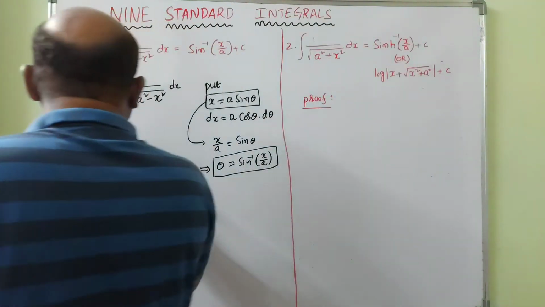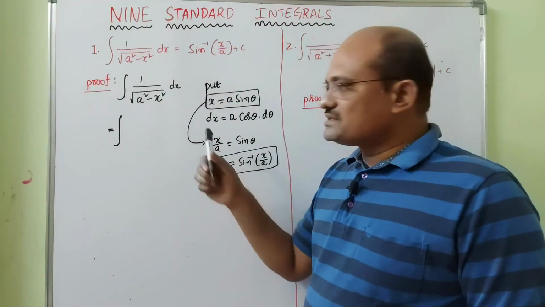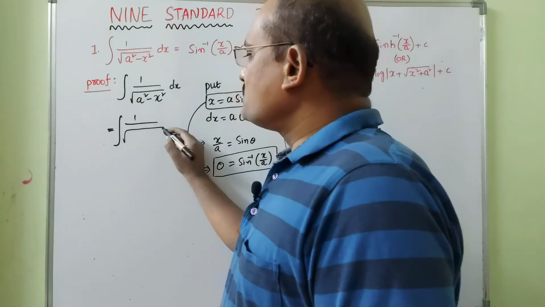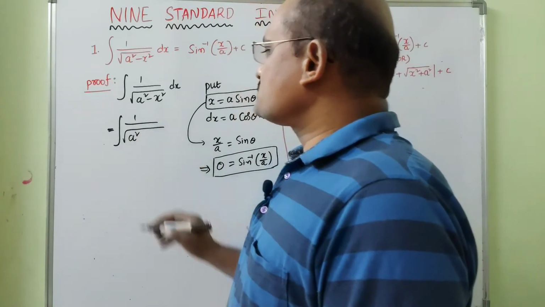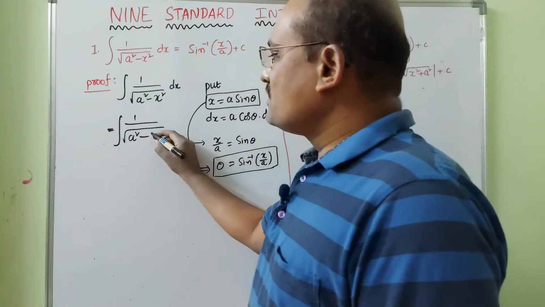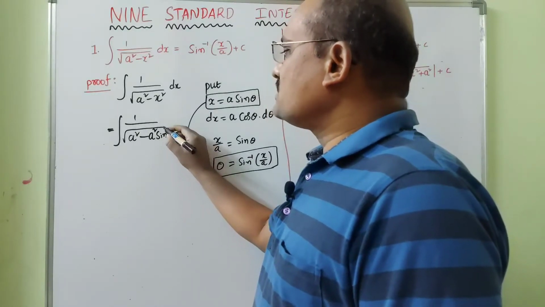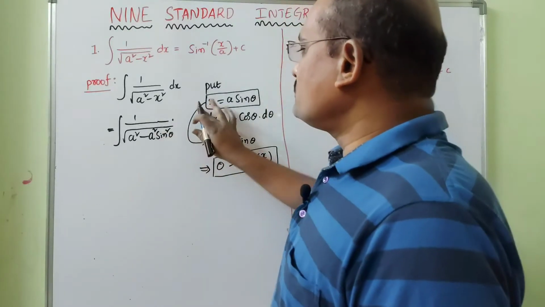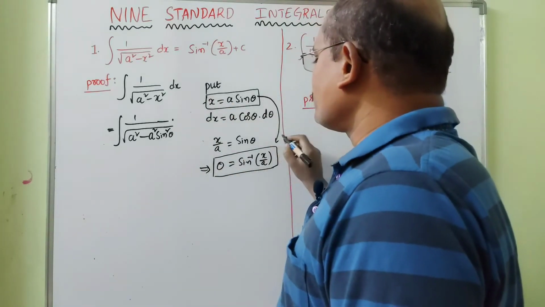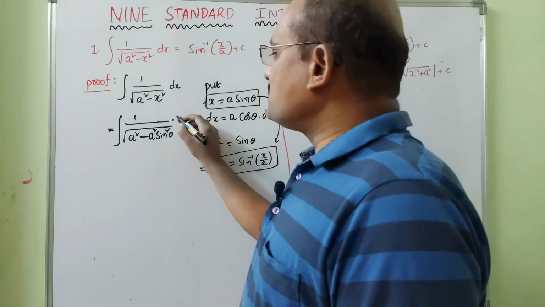Now substitute all these things in the problem. Integral of 1 by root a square minus x square. Square this, you will get a square sin square theta into what is dx?